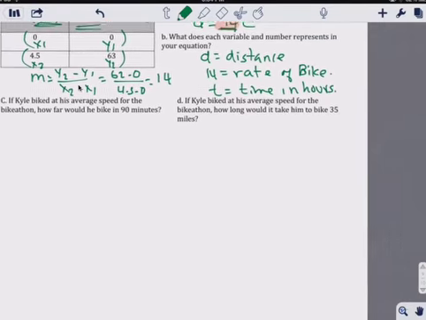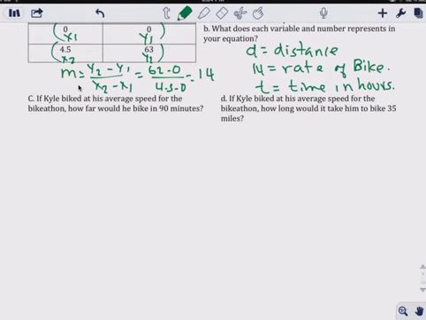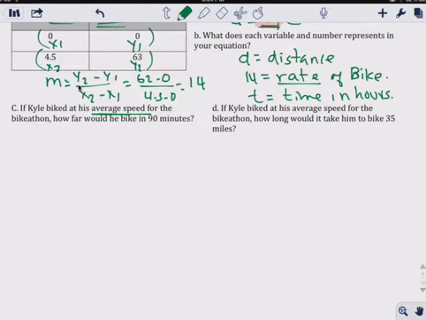Now, if Kyle biked at an average speed, rate is the same thing as average speed, for the bike-a-thon, how far would he bike in 90 minutes?